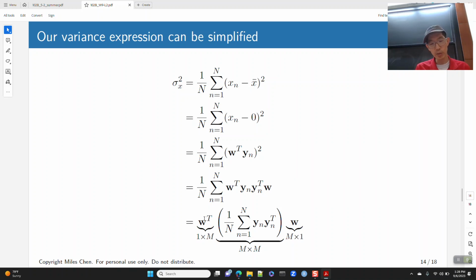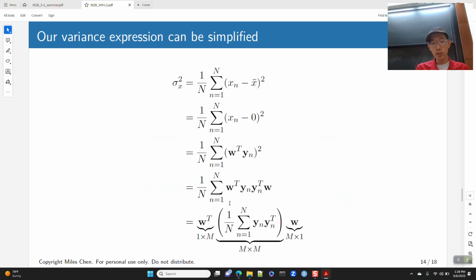So overall, I have w transpose, the sum of yn times yn transpose, times w. Yn times yn transpose is going to give me an m by m matrix, but that's okay. W transpose times this will reduce still to a scalar value, a 1 by 1 scalar value. And we want to maximize this thing.